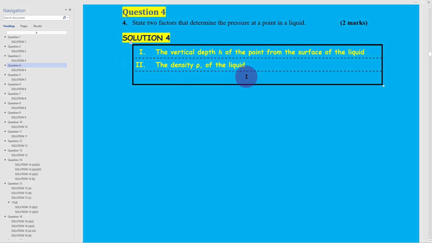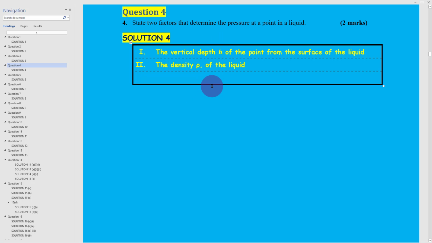The only point we can add here is since we write pressure is equal to rho hg, you find that there are three physical quantities which are used to calculate pressure at a point in a liquid, but the g is the gravitational field strength, so it will only be a factor if the gravitational field strength changes.